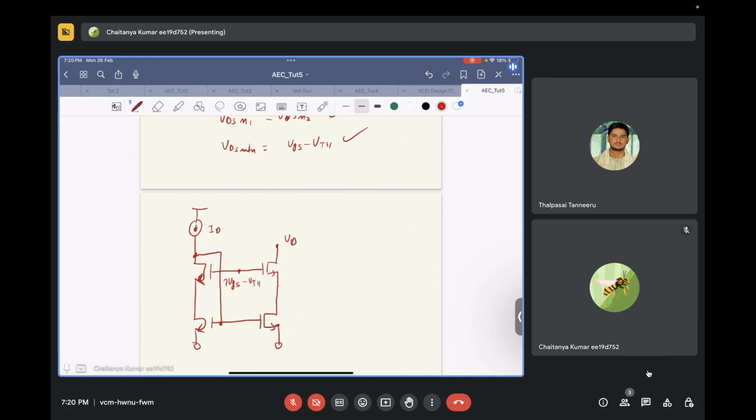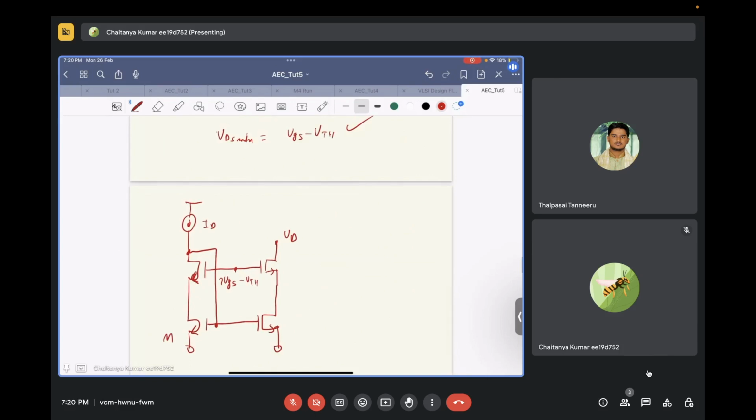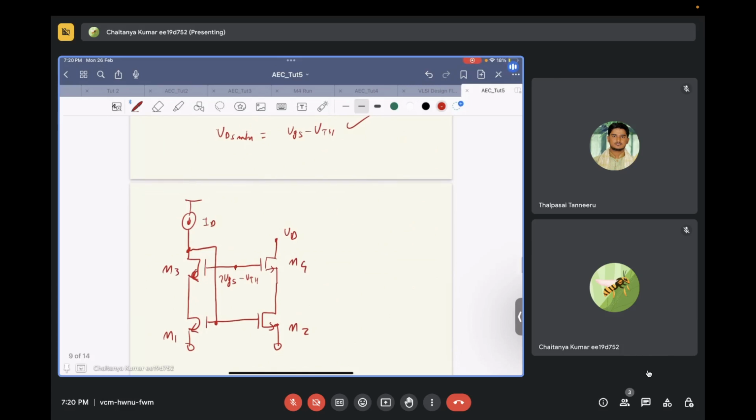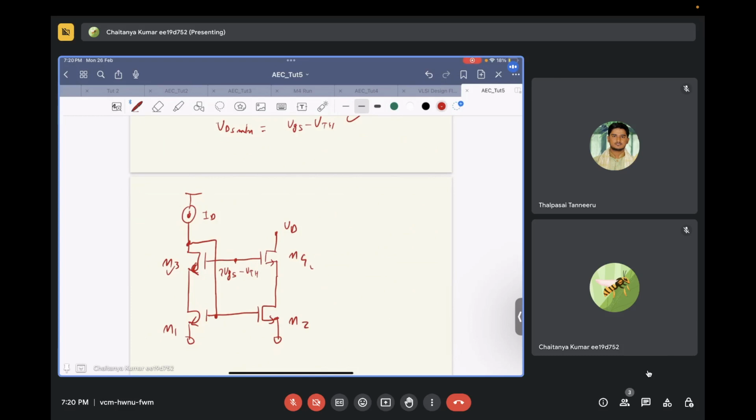This is the situation right now. Now this is transistor M1, this is M2, this is M3, this is M4. Now let's say there is some mismatch in transistors M3 and M4. Will it have any impact on the current copy?